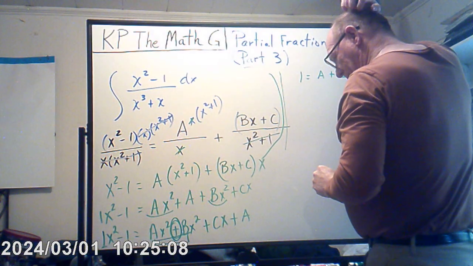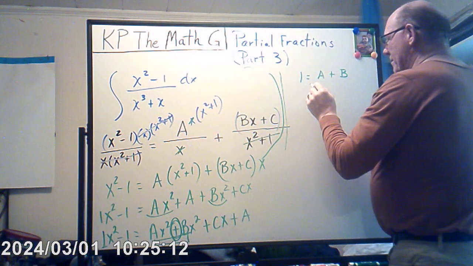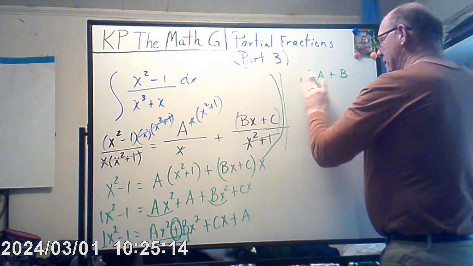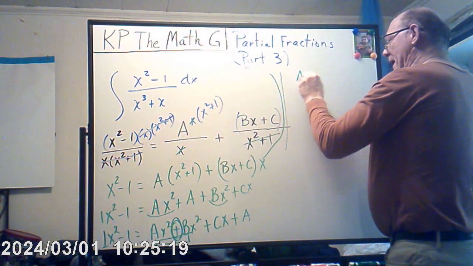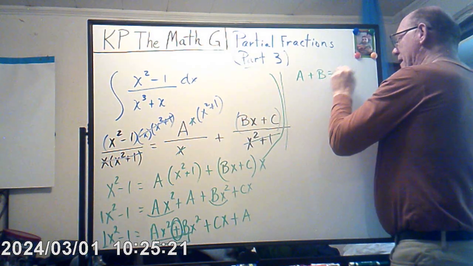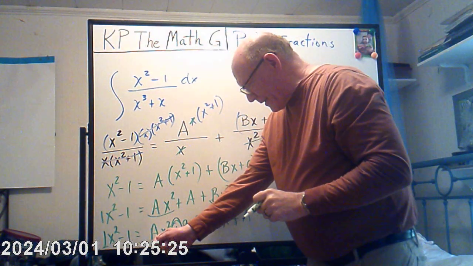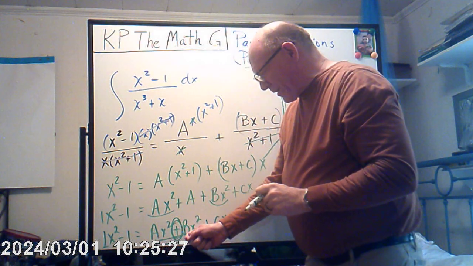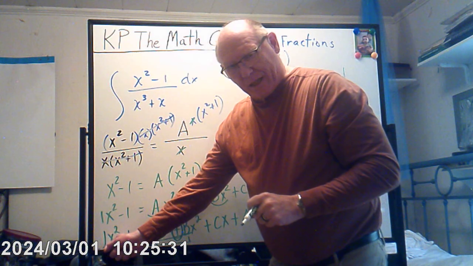Let's put A plus B equals 1, let's do it that way. Now remember, this coefficient of x squared plus this coefficient of x squared is equal to this coefficient of x squared on this side.